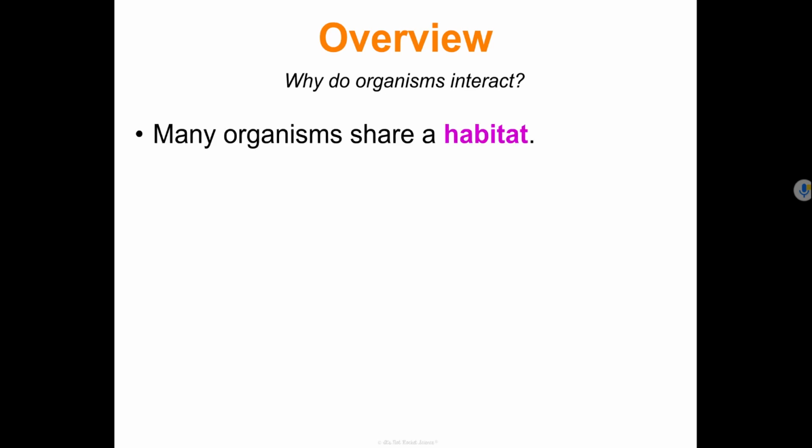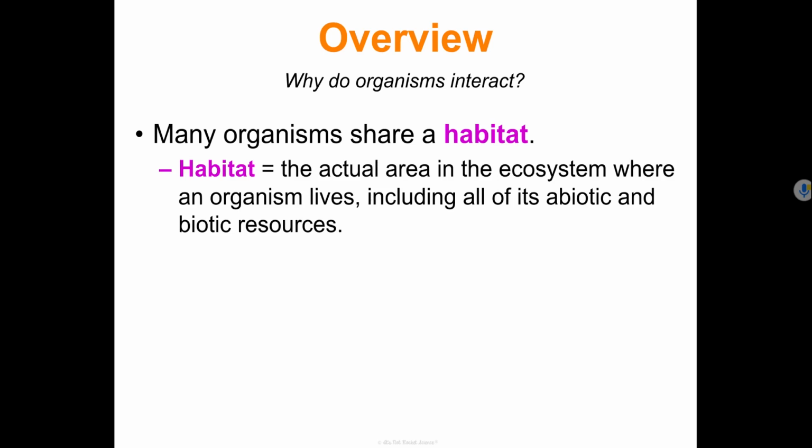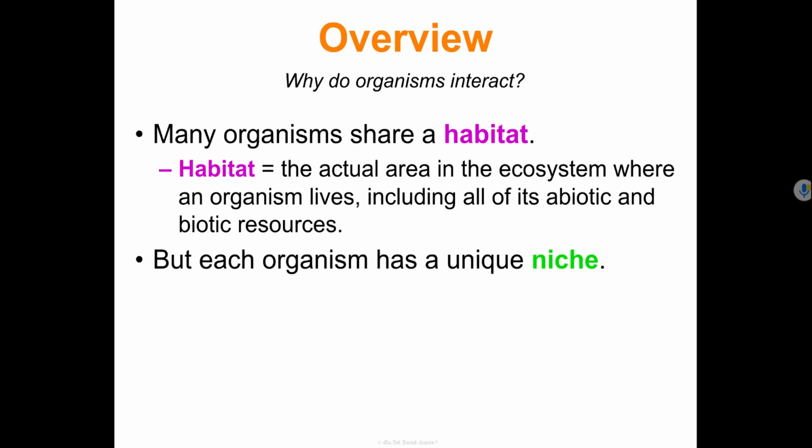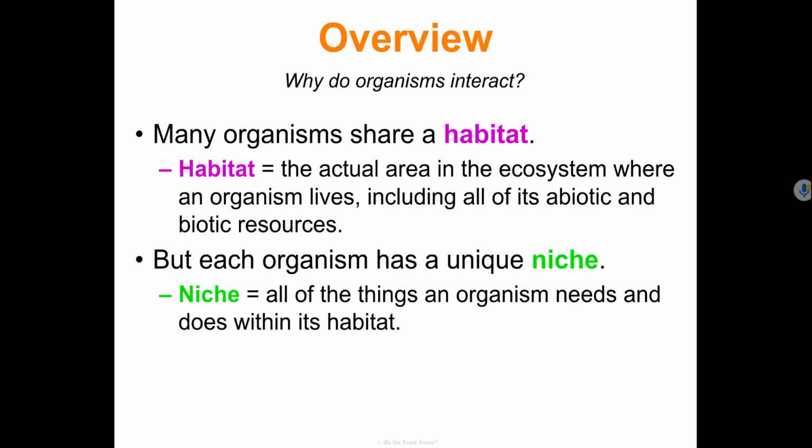Well, many organisms share a habitat, and a habitat is the actual area in the ecosystem where an organism lives, including all of its abiotic and biotic resources. But each organism has a unique niche, and a niche is all of the things an organism needs and does within its habitat.